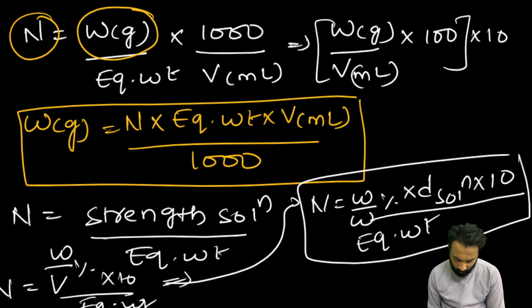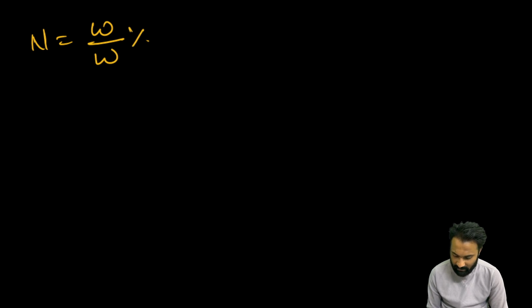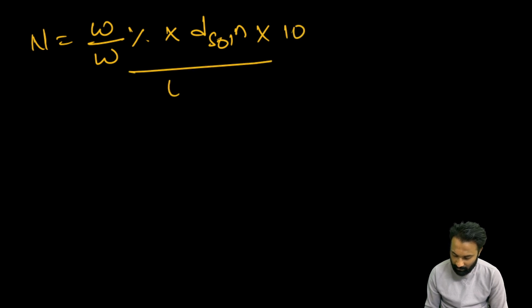Now another type of formula. Normality is equal to weight percentage into density of solution into 10 by equivalent weight.